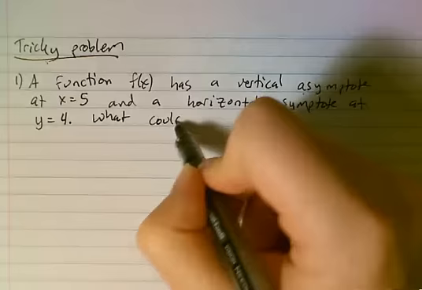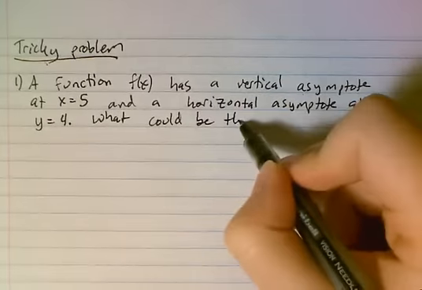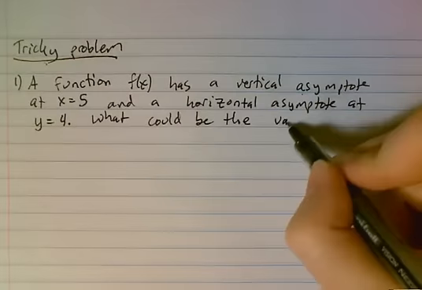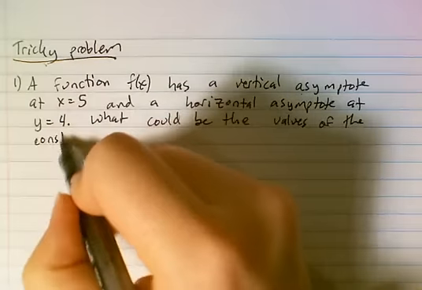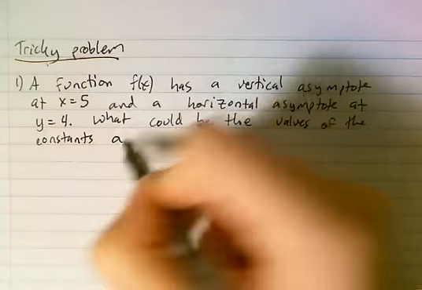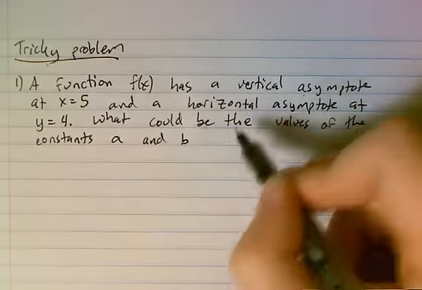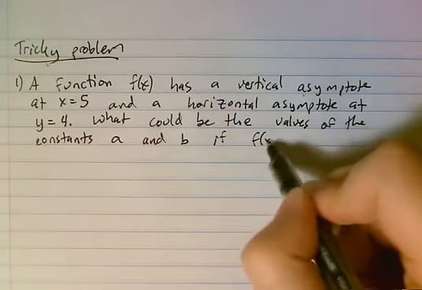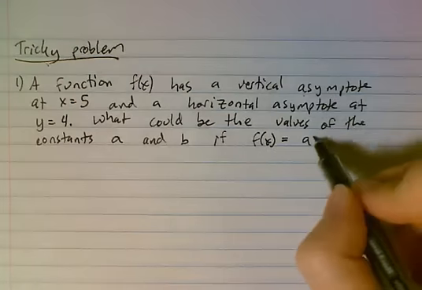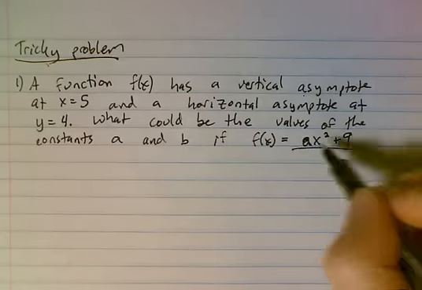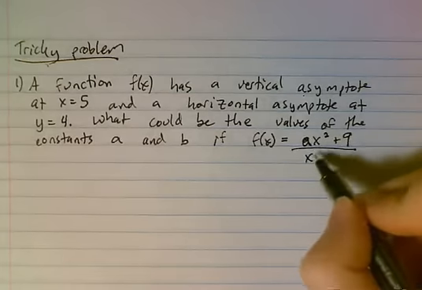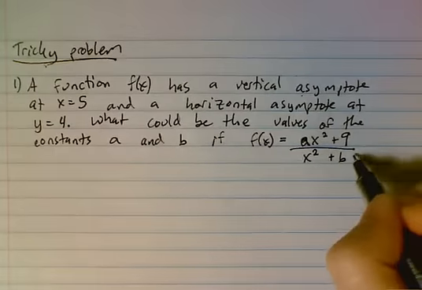What could be the values of the constants a and b if f of x equals ax squared plus 9, that's an a, that's a 9, over x squared plus b.